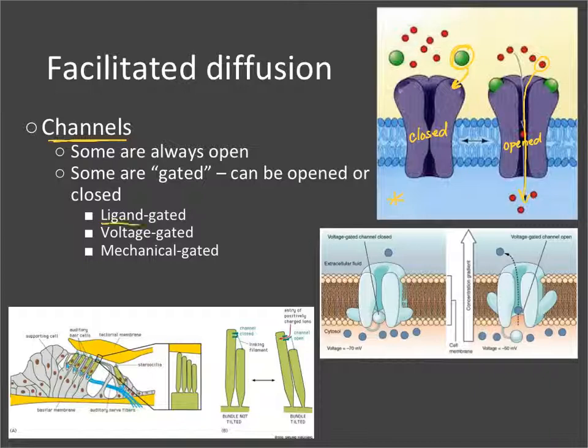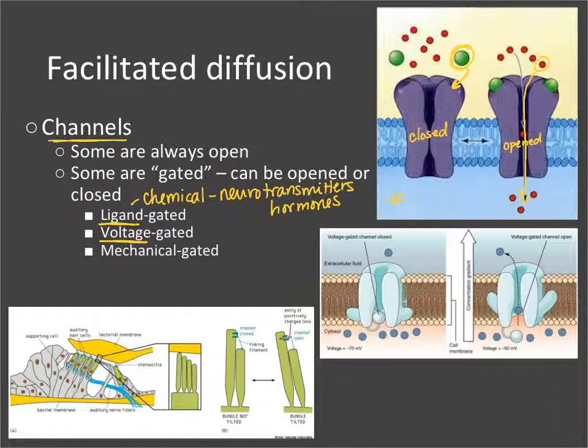So a ligand-gated channel is something that is opened by some sort of chemical bonding to a receptor. So we typically see these with things like neurotransmitters and hormones. So these are how neurotransmitters and some hormones work.